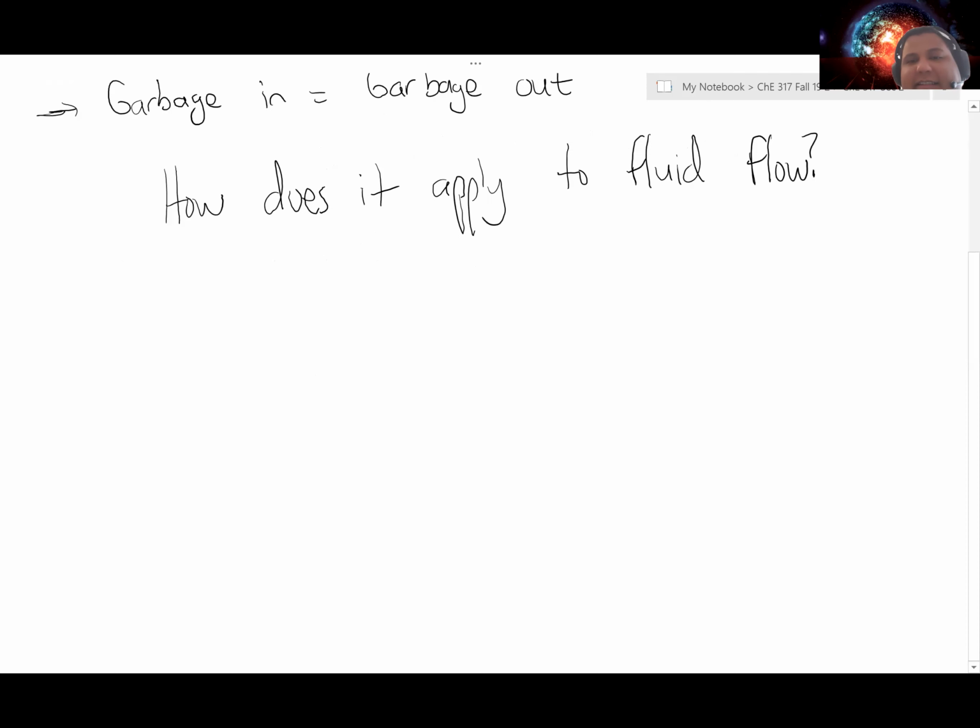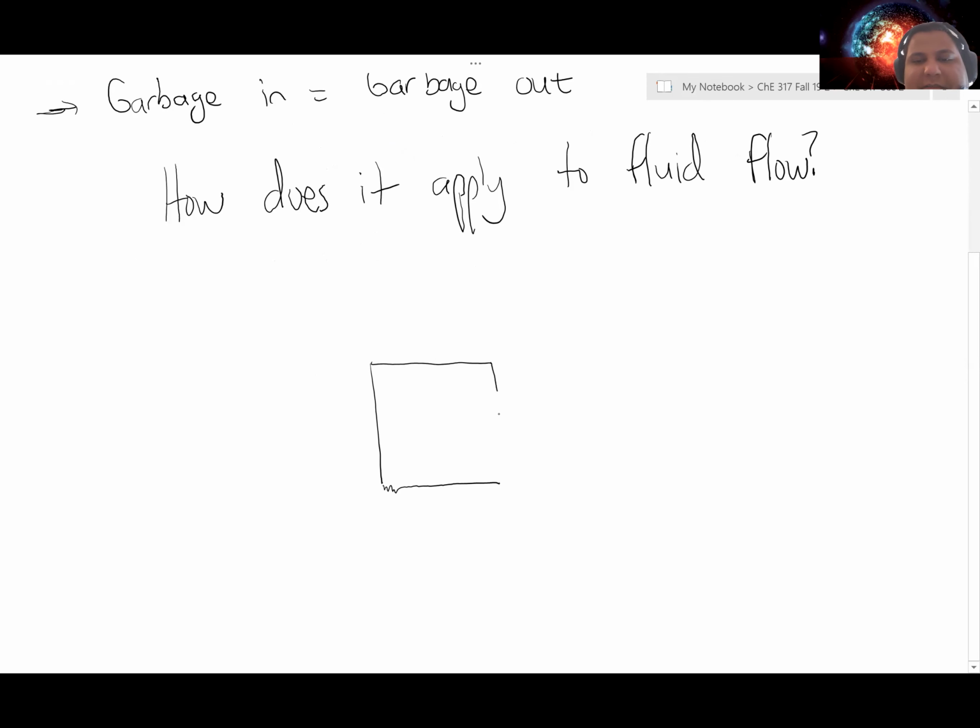Well, to answer this, what we can do is look at a differential volume element of fluid and analyze the flux.